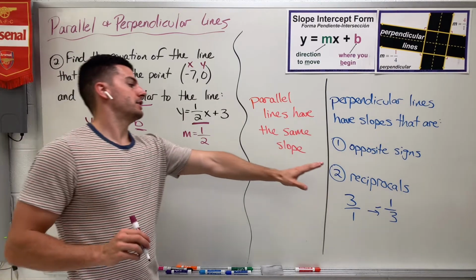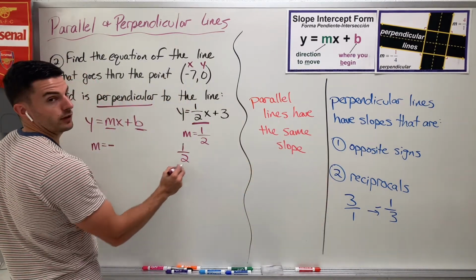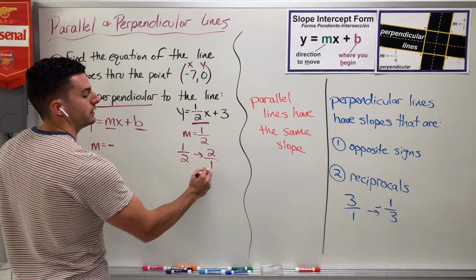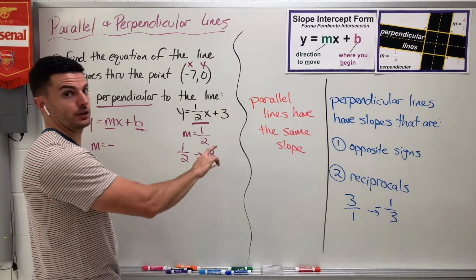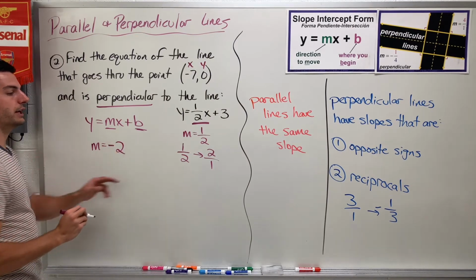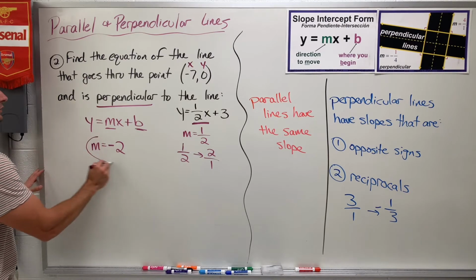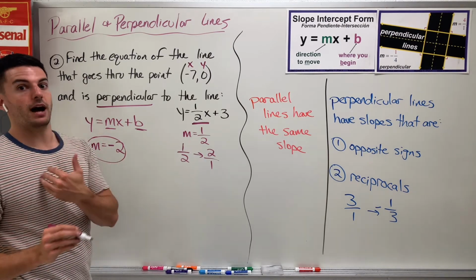Opposite sign. And then reciprocal, okay? So taking the reciprocal of 1/2, flipping it around would be 2/1, right? So I could say negative 2/1, but again, 2/1 is the same as just 2. So negative 2 is the slope of my line, okay?